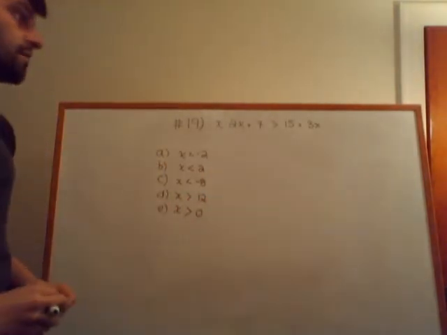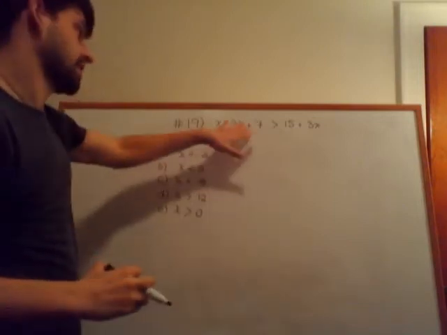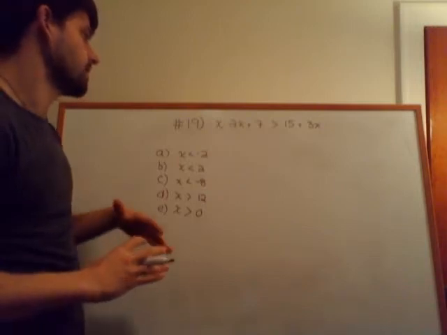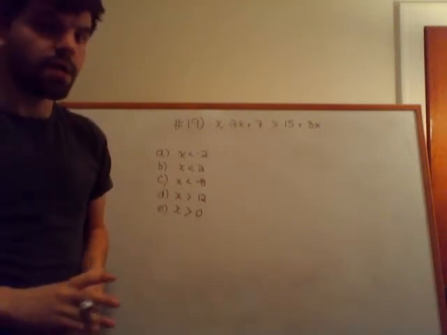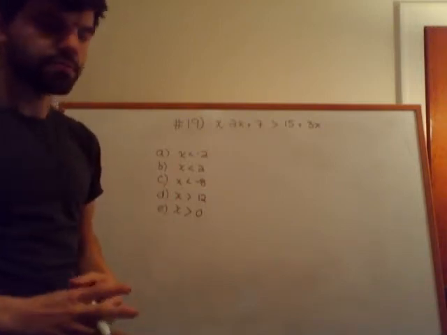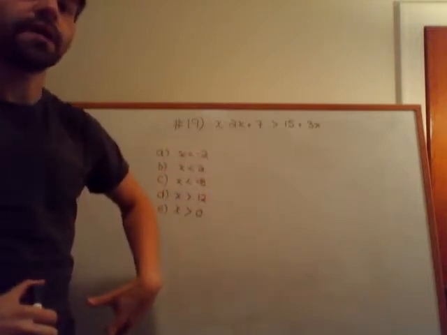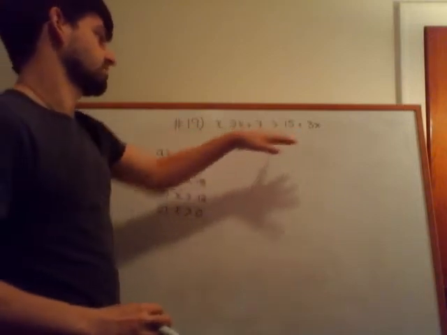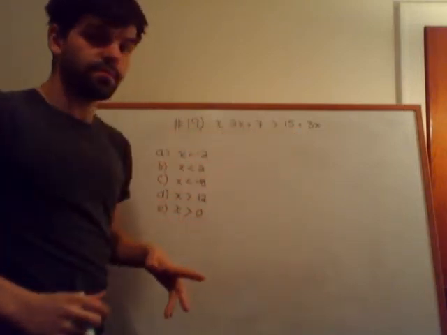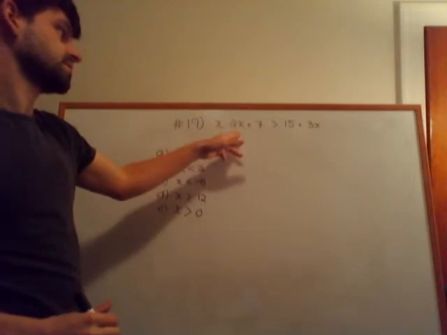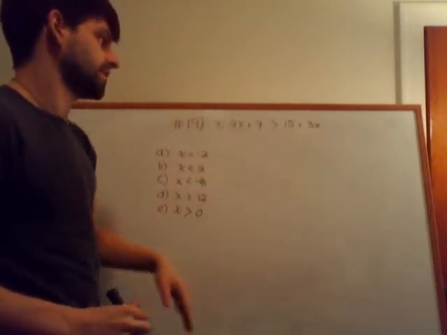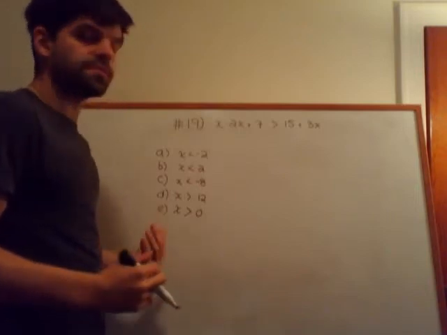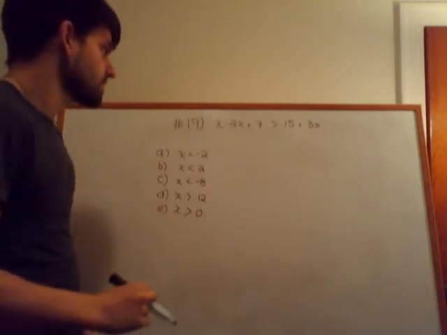Okay, now it seems like there's a lot going on in this question, but I promise you it's not as daunting or as intimidating as it looks. Basically what they want you to do in this question here is they want you to combine your like terms first before you solve the inequality itself. What I mean by that is, notice that there's an x minus 2x here and a 3x over here. They want you to get x together, and they want you to still isolate it on both sides.